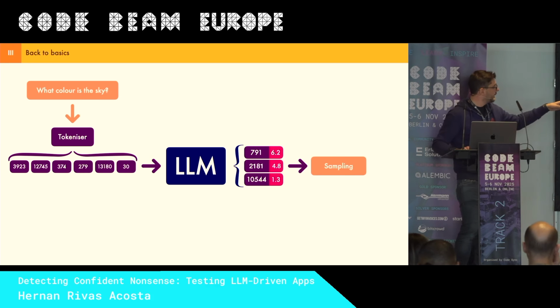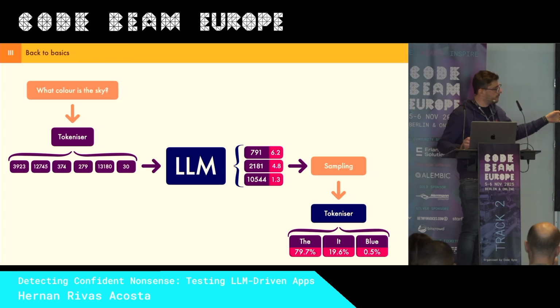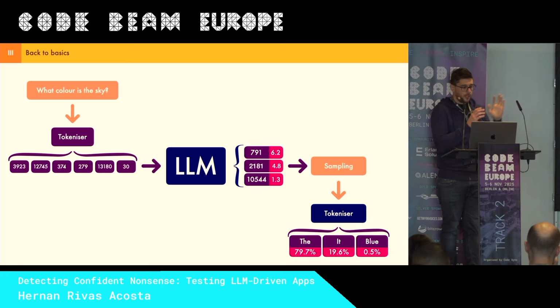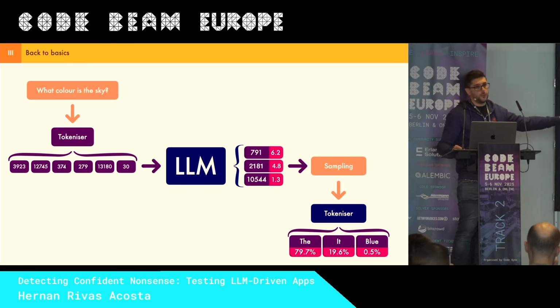The LLM will return a vector with every single token it knows about. We get the percentages, we roll a dice, doing a weighted random from those, and that's the next token, and then we keep generating. Finally this goes to the tokenizer again, and then we convert them to words.